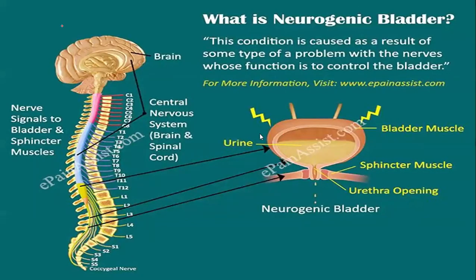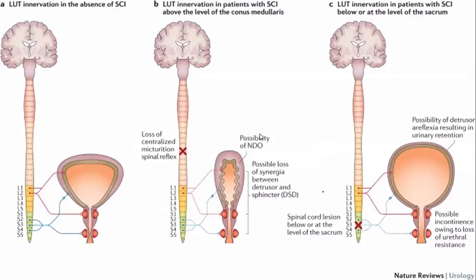So, for example, if there is a problem with the innervation here, you will have a neurogenic bladder. If you also have a problem above the level of the conus medullaris, you will also have a neurogenic bladder.